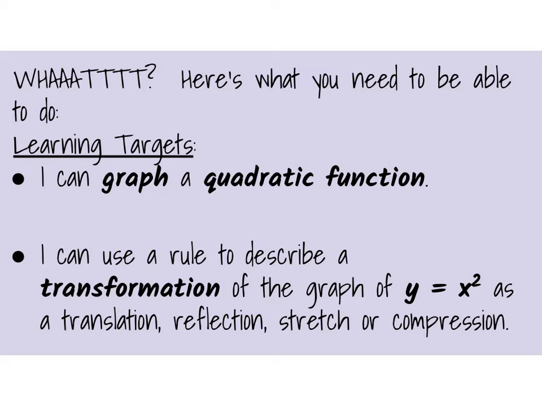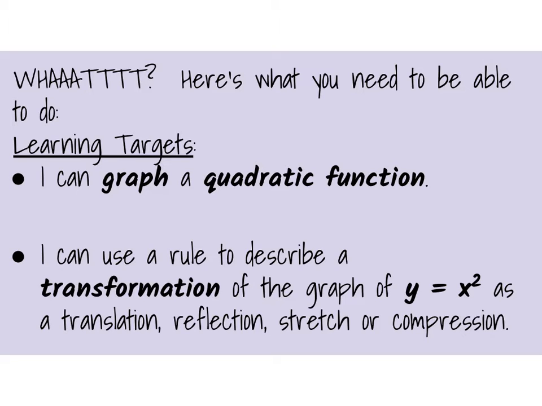Okay, later on next week, we're going to talk about how to graph, being as now we know things like where the vertex is and what it means, the axis of symmetry, x-intercepts, y-intercepts, so we can graph other ways by hand as well. So you should be able to do that. And for this lesson, saying, yes, I can do that, I can use Desmos, great, fine. Okay, and then the big learning target is you're going to use a rule to describe a transformation.